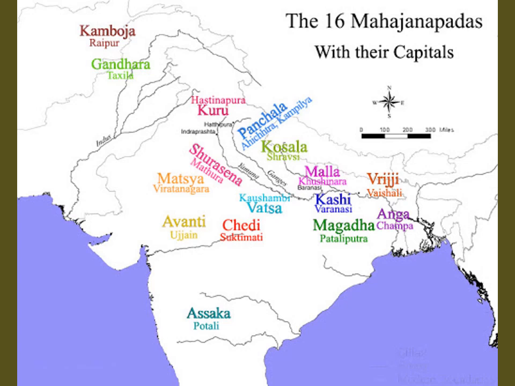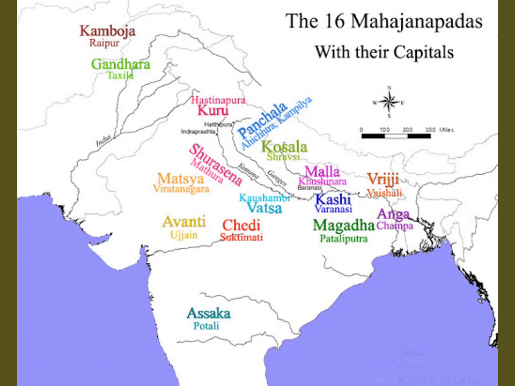During the period from 600 to 300 BCE, this was the period of the 16 Mahajanapadas, or 16 kingdoms, in northern India, as you can see from this map here. The Mahajanapadas and their capitals are shown in this map.